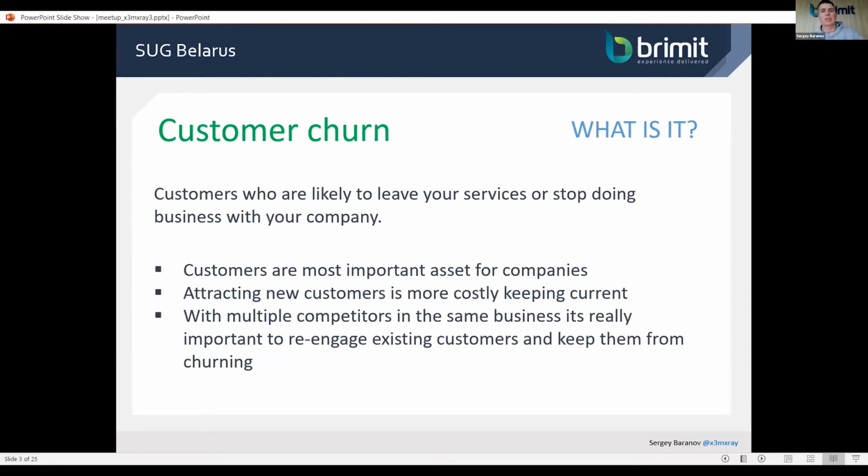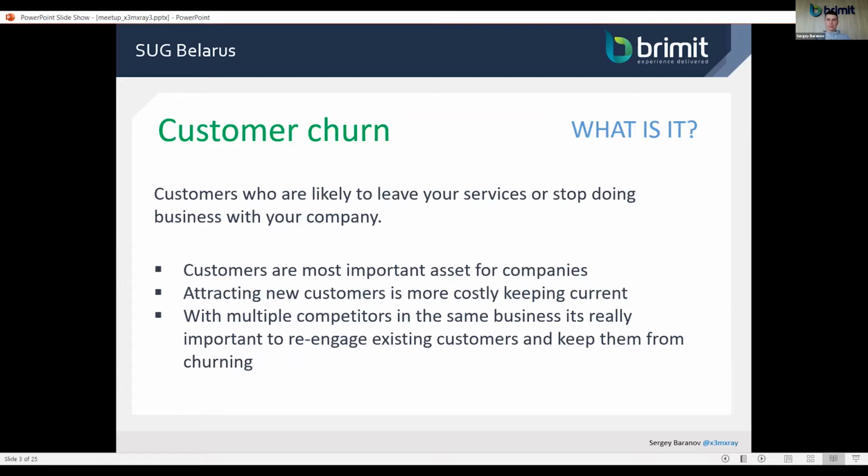Okay, what is customer churn? First of all, churn prediction is one of the most efficient applications of machine learning. Customer churn refers to customers who are likely to leave our service or have already stopped doing business with our company.